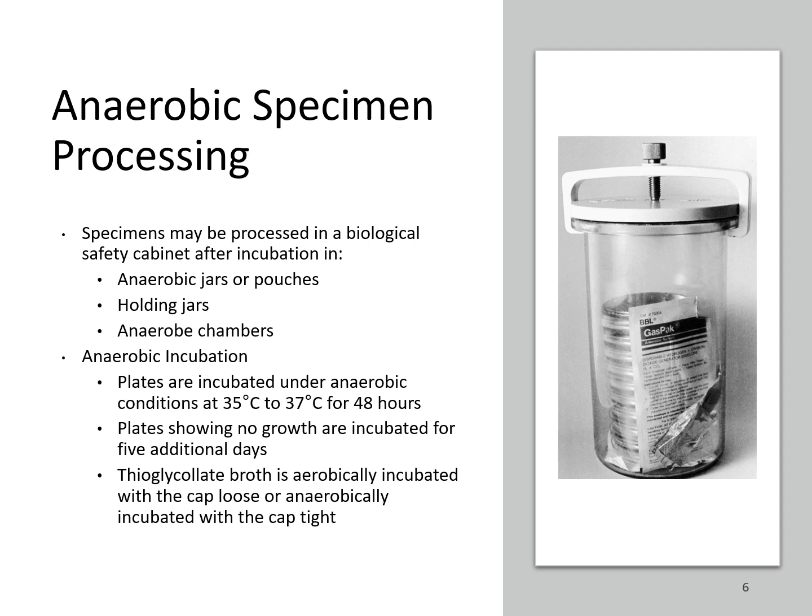And once it's put into that broth, you'll have two broths, and one will be kept very tight to keep that anaerobic environment, and one will be put on loosely so that it'll allow the presence of oxygen, so that if there are aerobic organisms as well as the anaerobic, then you have the ability to detect those organisms as well.